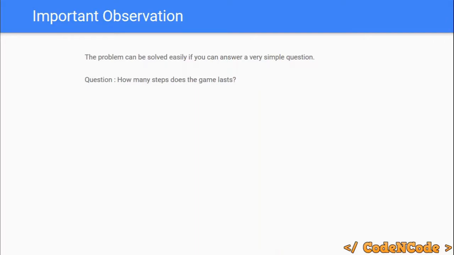There are some game theory problems where the game may last X moves or Y moves or Z moves, basically more than one possible way to end a game. But here the number of steps is going to be the same. So if you can count this, the answer is simple.